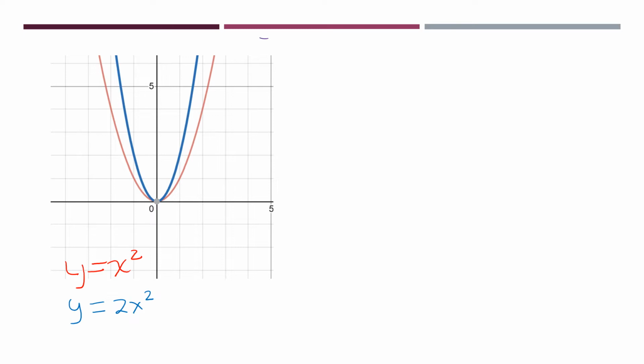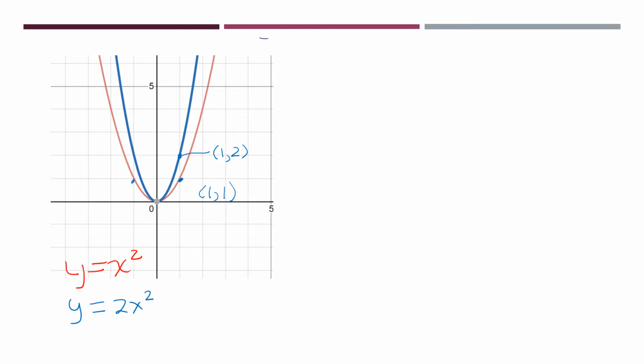So instead of going over here to this point, 1, 1, our point here is 1, 2. Okay.